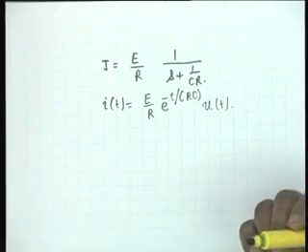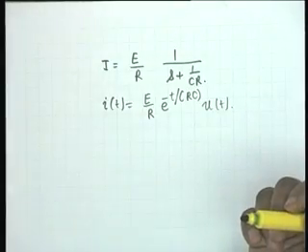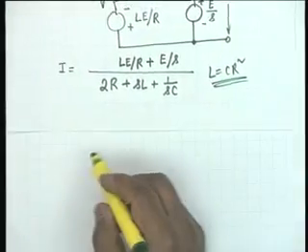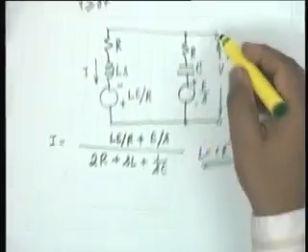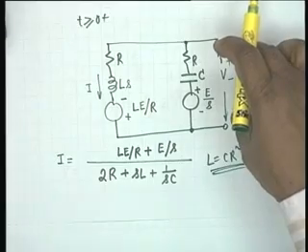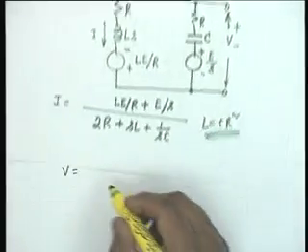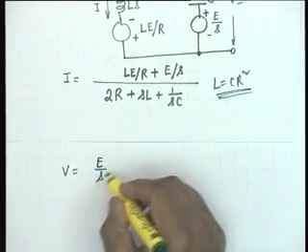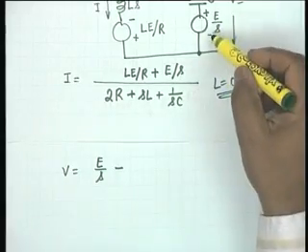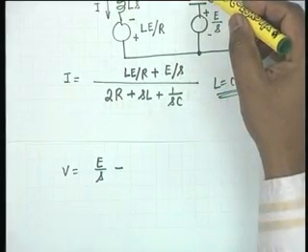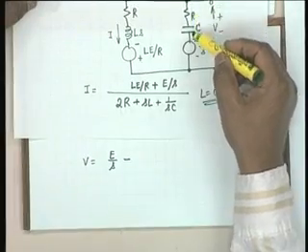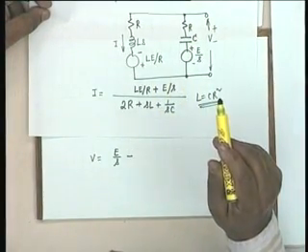All right. The other part of the problem, that is capital V, the voltage across the combination, is, as you can see, simply E by S minus the drop in R and C. Why minus? Because the current flows in the opposite direction.